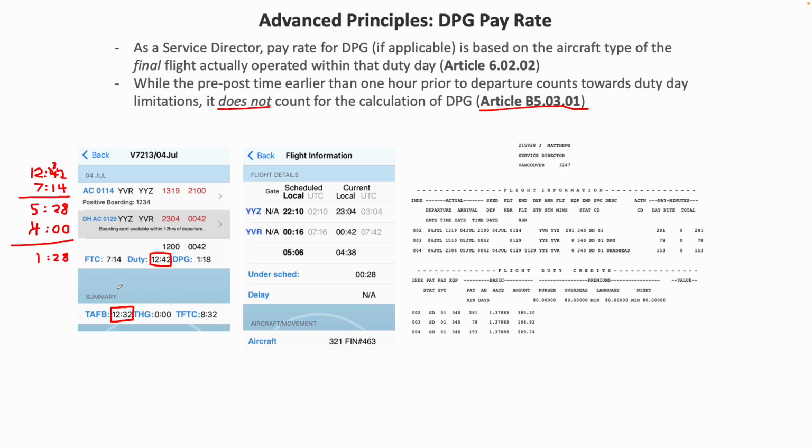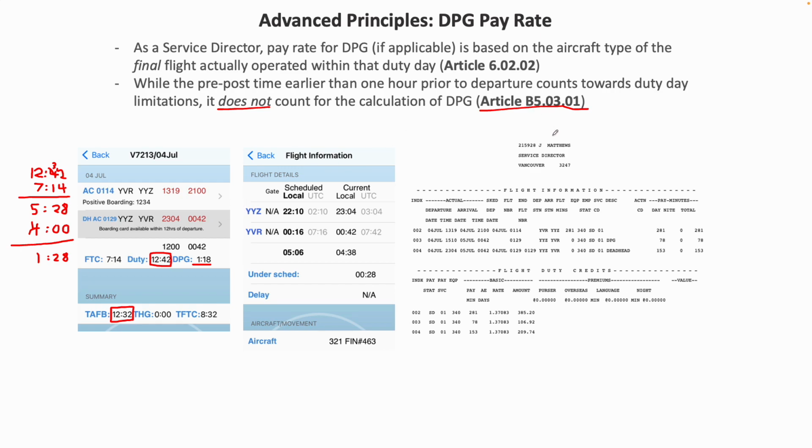That's the math that people usually do. Unfortunately, this is not correct as far as our contract is concerned. You can see that we have 1:18 here, and by the math that we just did over on the left, we see 1:28. So why is there a difference in 10 minutes, and why are we not paid those 10 minutes?